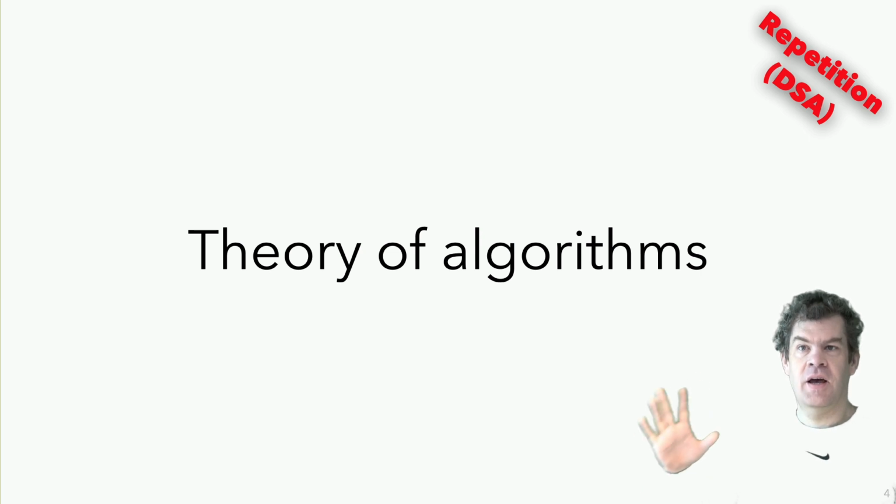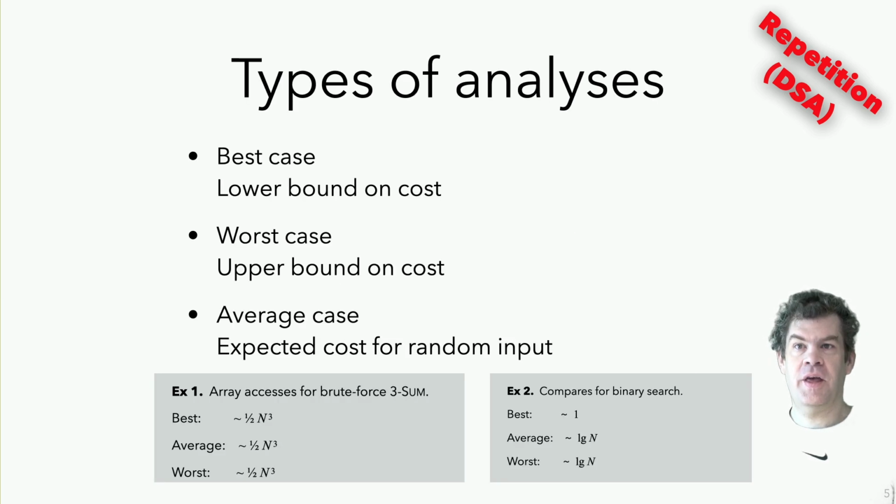So I just want to quickly repeat a few things, namely what I talked about in theory of algorithms, just to get you all onto the same level. So if we analyze a problem, or if we analyze an algorithm, which is actually not exactly the same thing, most people think that it's the same, but it's not. An algorithm is just one particular solution to a problem, but there might be more efficient ones or worse ones.